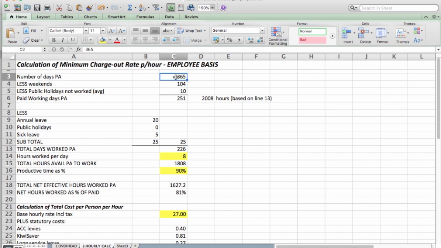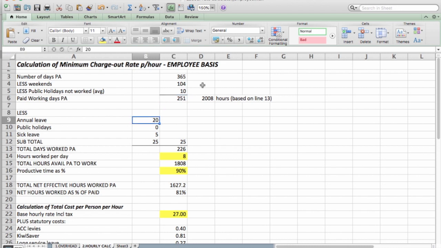So we start out here with 365 days of the year, obviously not working weekends and public holidays. So effectively, you're paying for 250 odd days a year, and on the basis of an 8-hour working day, that's around about 2,000 hours that you're paying for each person.